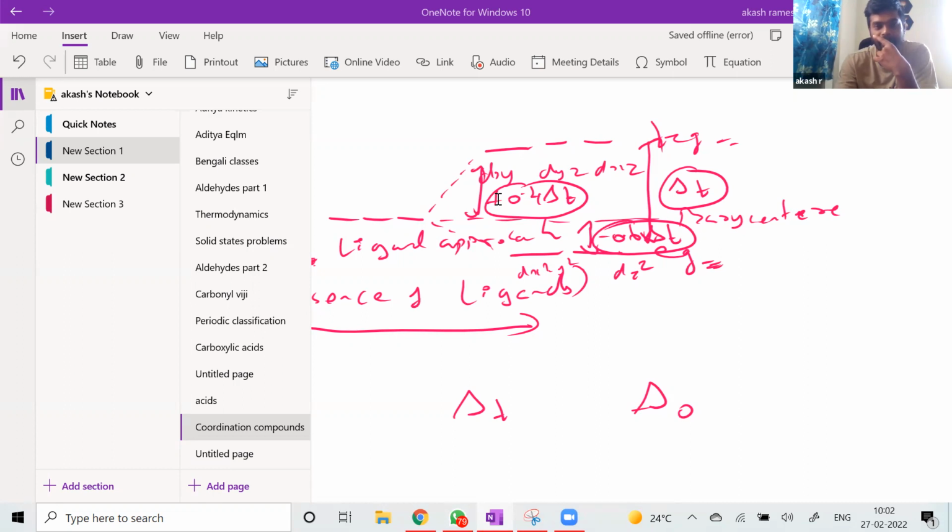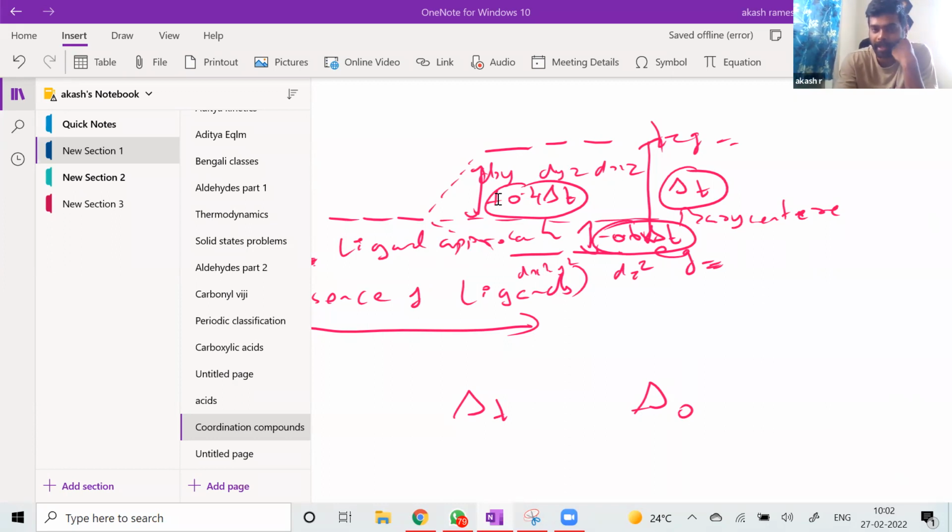Devesh says octahedral. Anandita says octahedral. Akshaya also says octahedral. Nobody says tetrahedral. Fine. All of you are giving this answer.